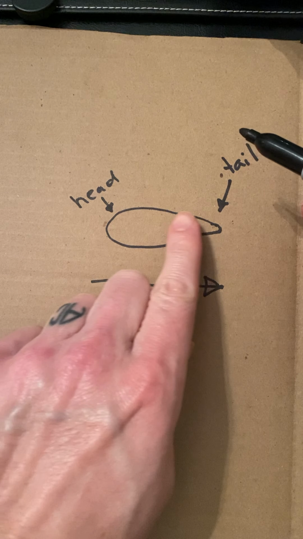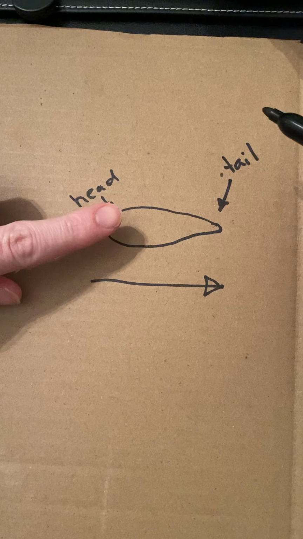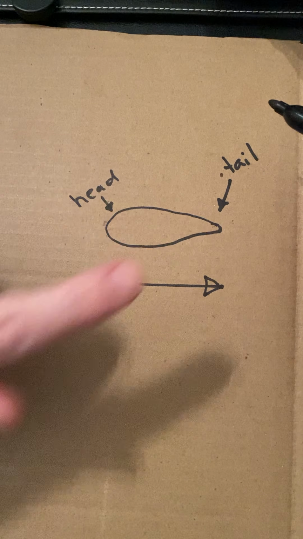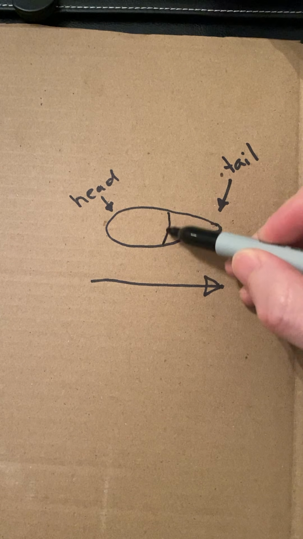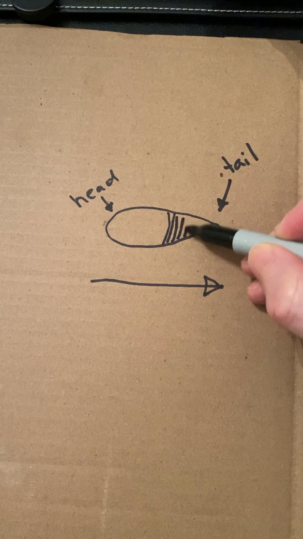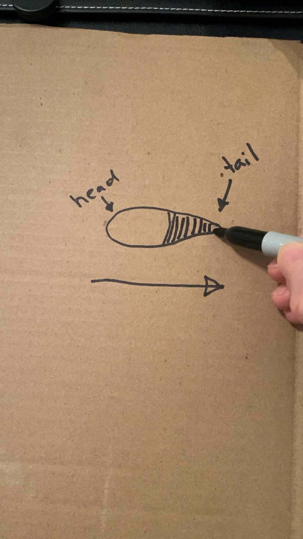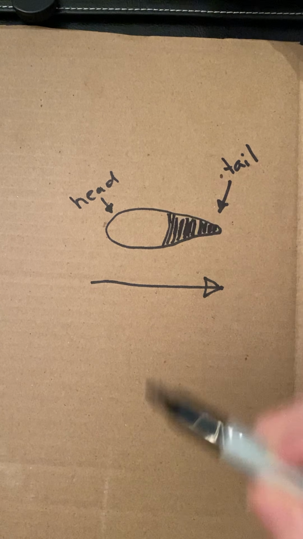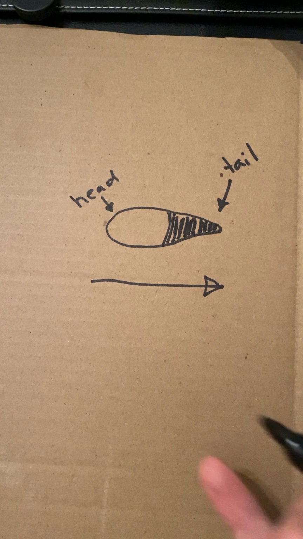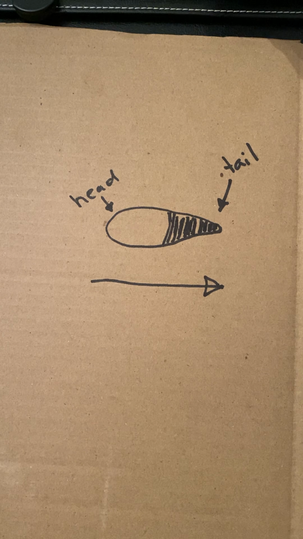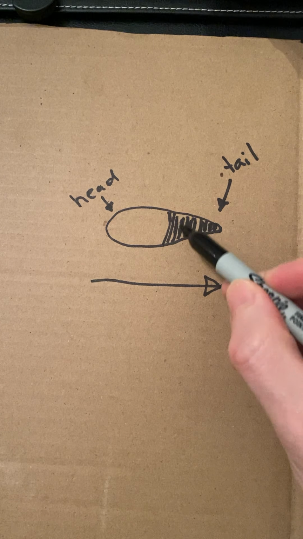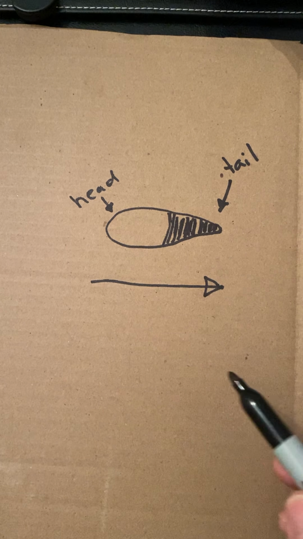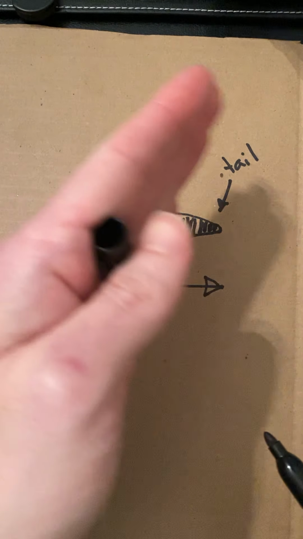So it pushes this way, almost like if I had a little clay ball and I pushed it off in this direction, it's going to get thicker over here. And you usually will see the tail a little bit darker. So I had a black Sharpie because I'm just drawing on an old Amazon box here to illustrate a point, but you'll usually see a darker tail than head, and that's because the blood's thicker. It's traveling in this direction.